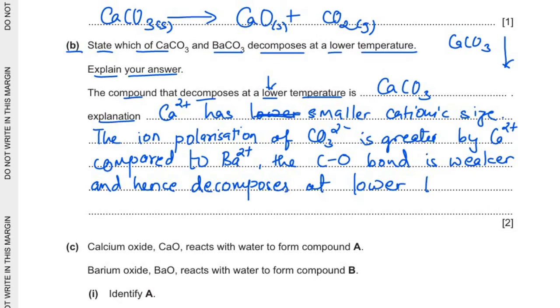So it doesn't need a very high temperature or high heat to break down, because the polarization of the C-O bond is higher for calcium, which is smaller in cationic size. This makes the C-O bond a little weaker, and because of the weakness it breaks down very easily and decomposes into calcium oxide and carbon dioxide.